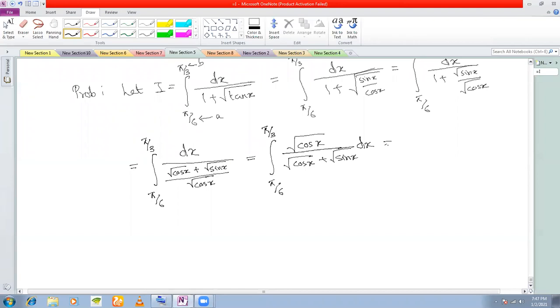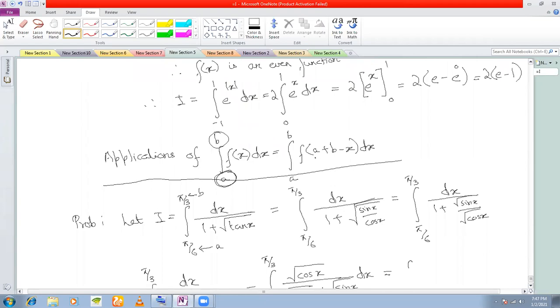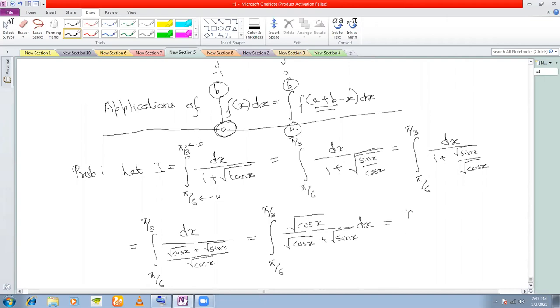So the property was integral a to b. Look at the property here. This a plus b comes here, and the limits remain a to b. So what I'll do, I'll take the integral and take the limits as the same. Pi by 6 to pi by 3, root cos of a plus b, right?